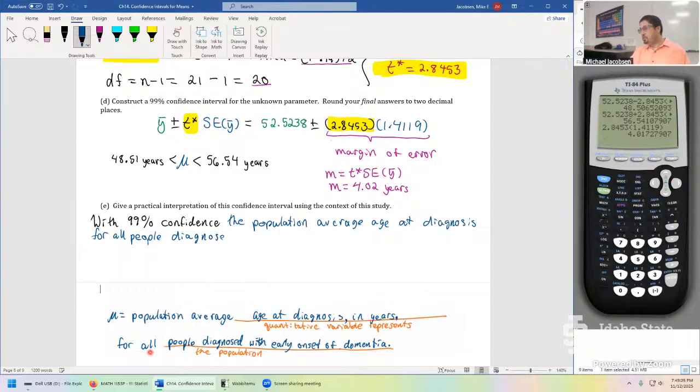diagnosed. If you said diagnosed with this condition, that's okay too, because you've already said clearly what the condition is at the start of the problem. But let's just be really specific. Diagnosed with early onset of dementia.